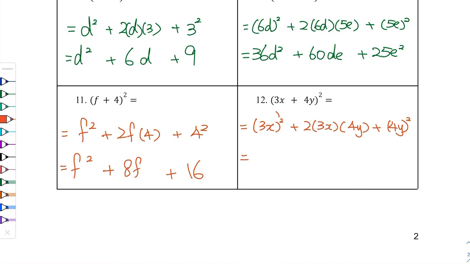So this square is given to both of the things. So 3 square means 3 times 3, which is 9. And then 2 times 3 times 4 is 24. And there, 4 square. 4 square means 4 times 4, which is 16y. And that square is also given to the y, so there's a square out there.